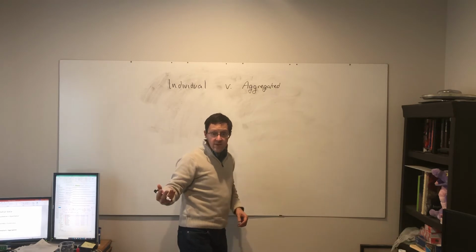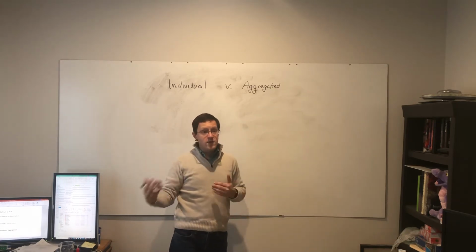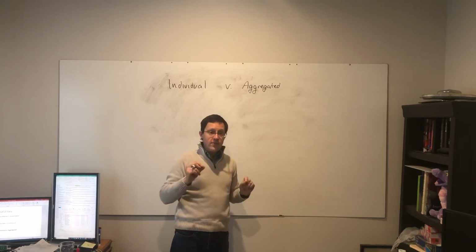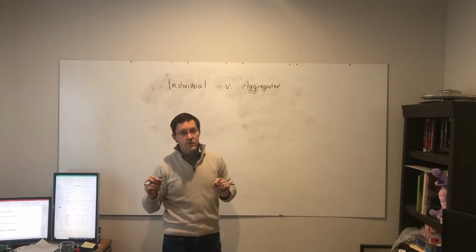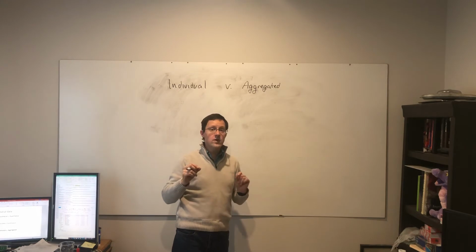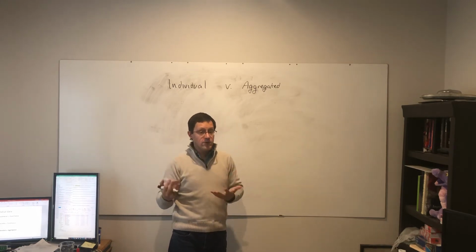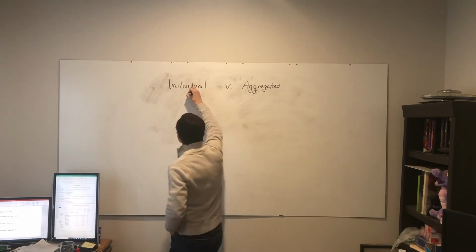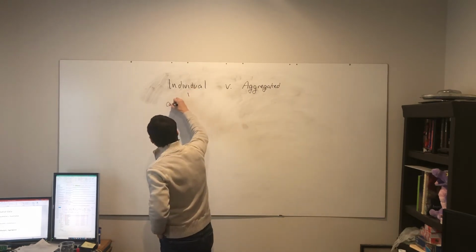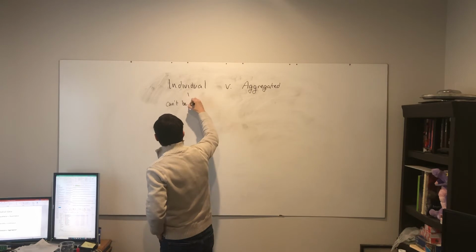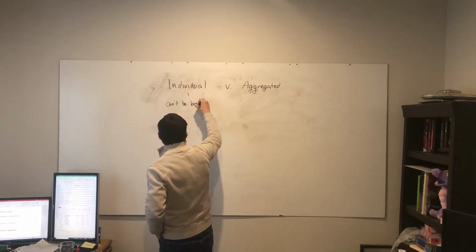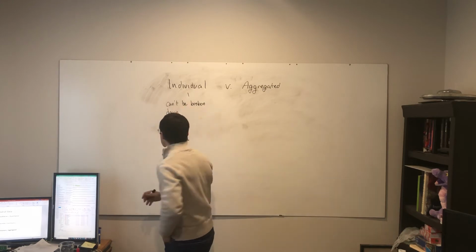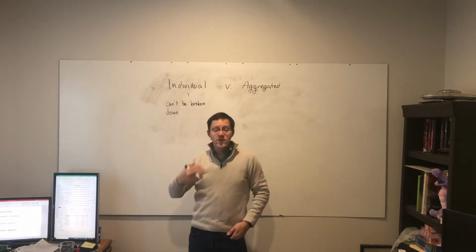The next distinction that we'll be making is individual data versus aggregated data. And this really gets to some of the kinds of questions you can ask and the conclusions that you can make about your data set. Individual data, you cannot go any smaller, so to speak.